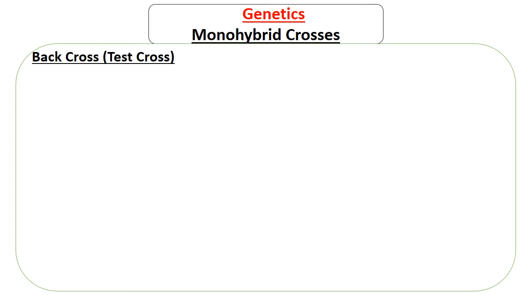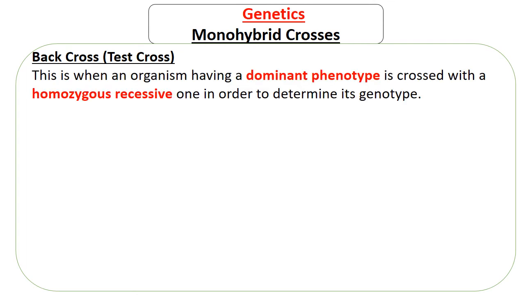So we're going to look at something called the backcross. We're almost done. A backcross is also called a test cross. This is used when an organism having a dominant phenotype is crossed with a homozygous recessive one in order to determine its genotype.